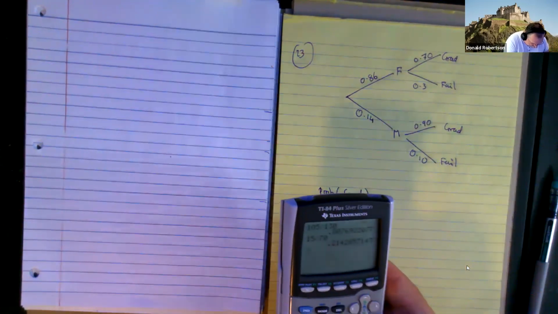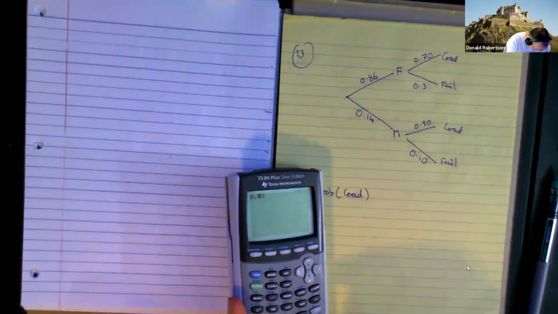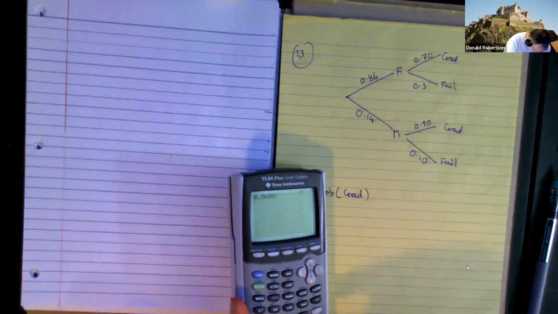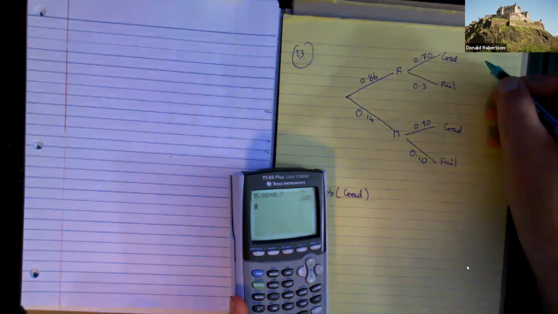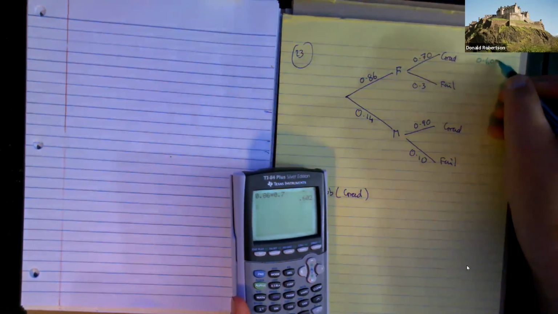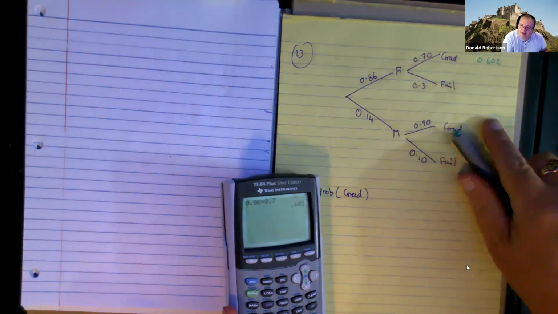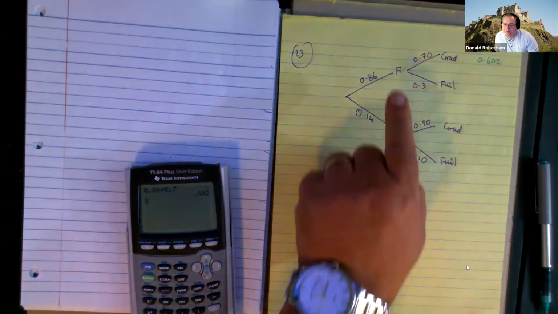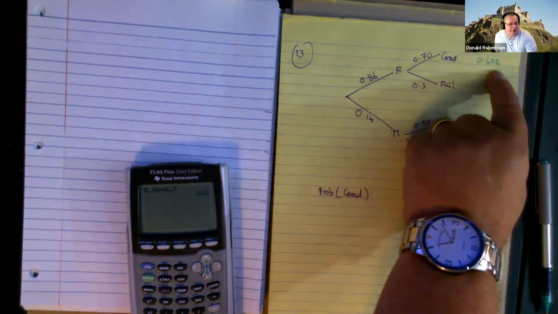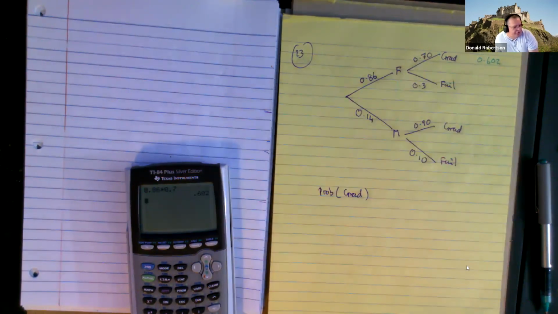You multiply those two together. So 0.86 times 0.7, and that's 0.602. That number at the end represents the percentage of people who are females who graduate. So 60.2% of Litchfield College will be female graduates, at the end of the, whatever it is, 3-4 years.